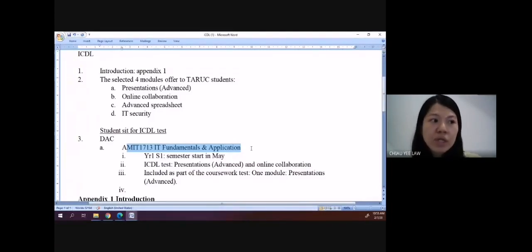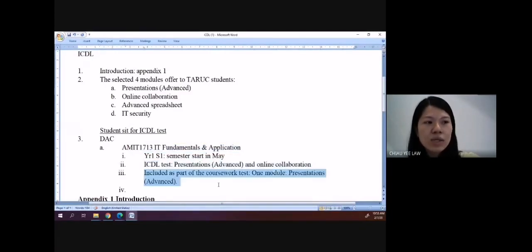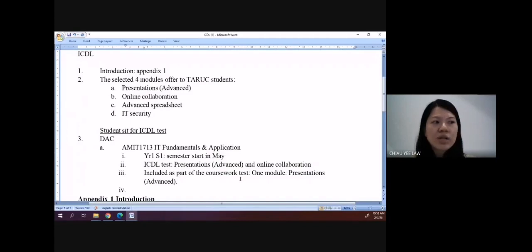But now we have already changed the coursework portion. Your juniors now have a coursework portion which is compulsory, and this ICDL test is already included as part of the coursework test. So your case is a bit special. That's why now you are year 2 already, and you need to go back for your ICDL test.